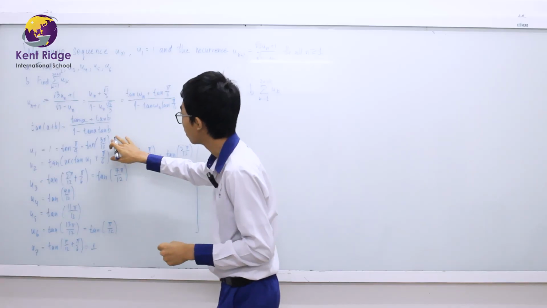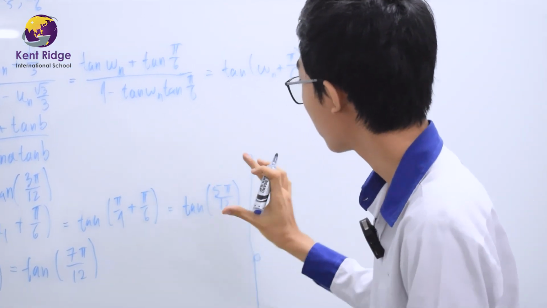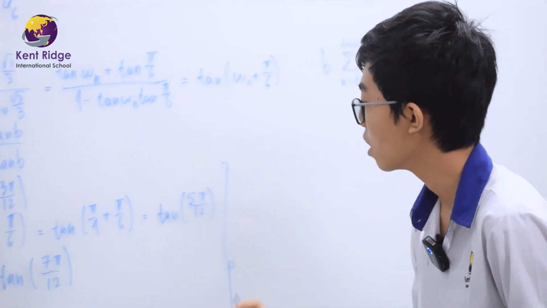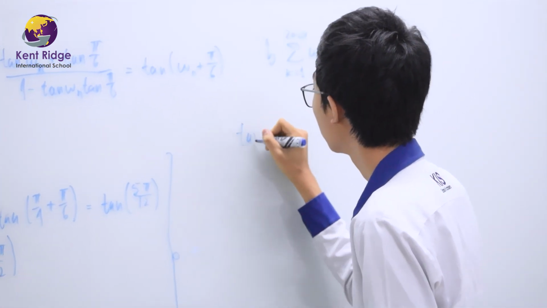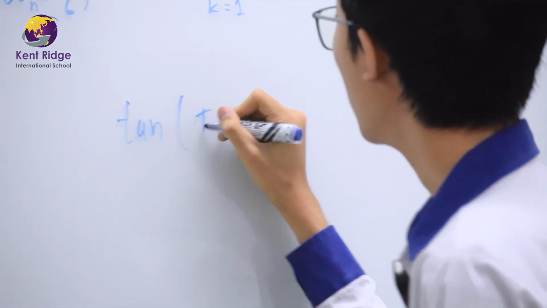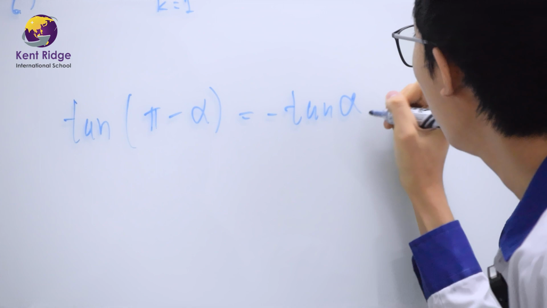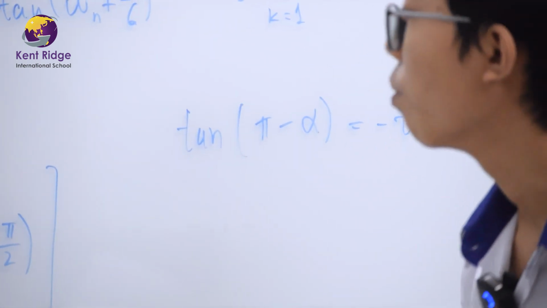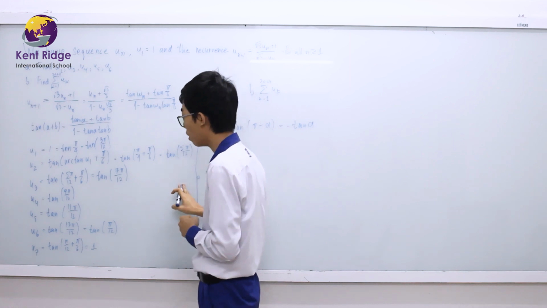If we take this, which is 1, and then if we look at these two first, okay? There's a rule here where tan of pi minus alpha equals minus tan alpha. You all know that. So this would be minus tan 7 pi over 12.